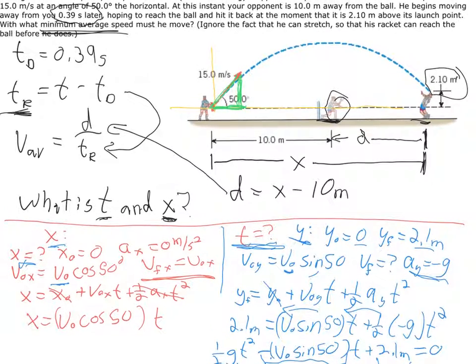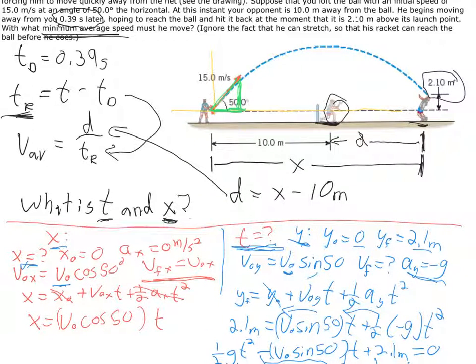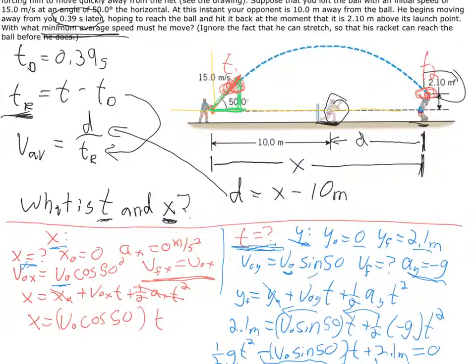What you're solving for is the point in time at which your tennis ball is a distance of 2.1 meters above where it started. So if you look here, it's going to reach it at one point here, but it's also going to be 2.1 meters above right here. So the shorter time, which I called T1, will be here when it's on its way up, and then T2 is going to be over here when it's on its way back down.